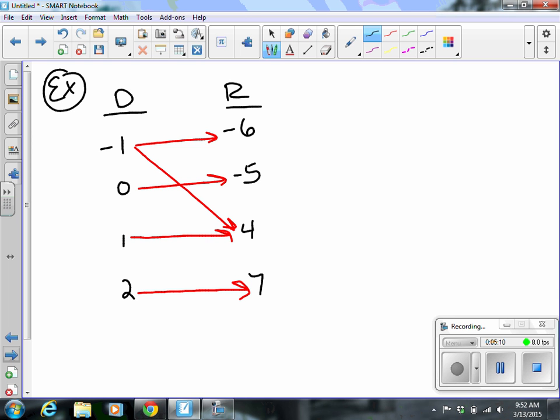All right, so looking at this one, this -1 has 2 arrows coming from it. So this is what makes it not a function. The 0 has 1 arrow, the 1 has 1 arrow, and the 2 has 1 arrow. Okay, so the -1 has 2 arrows, so we know right now, no, it is not a function.